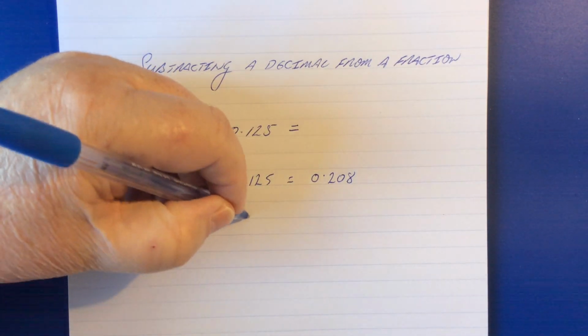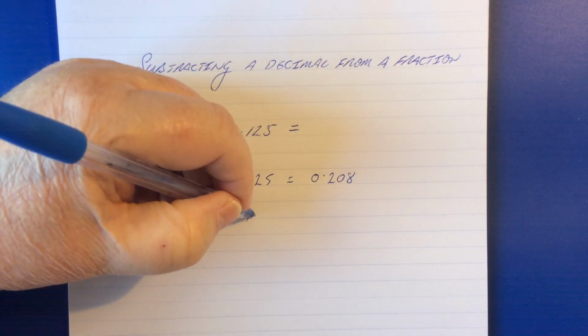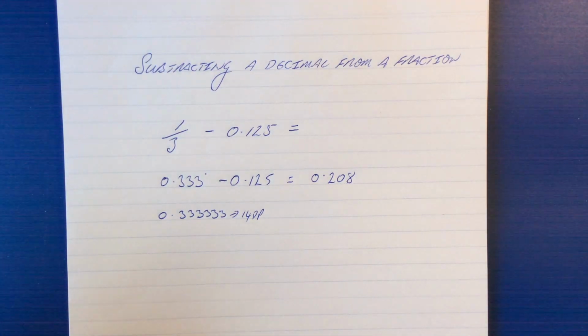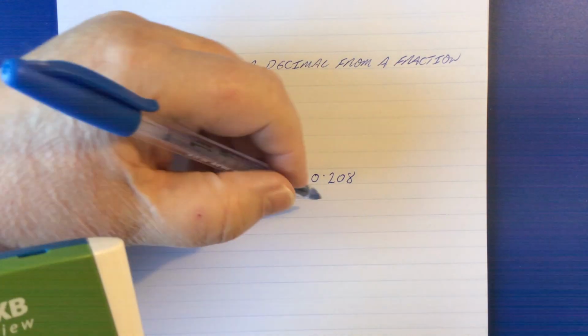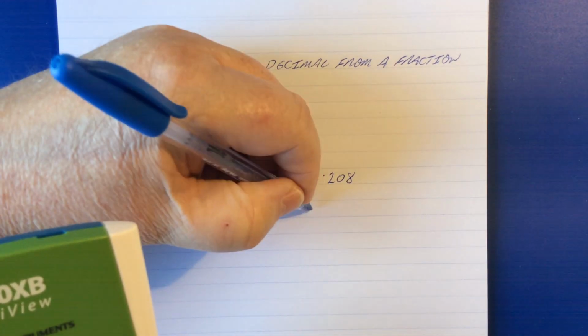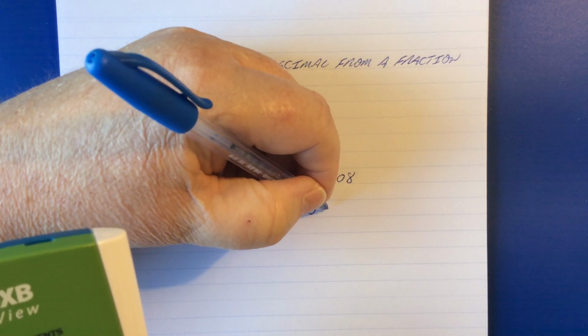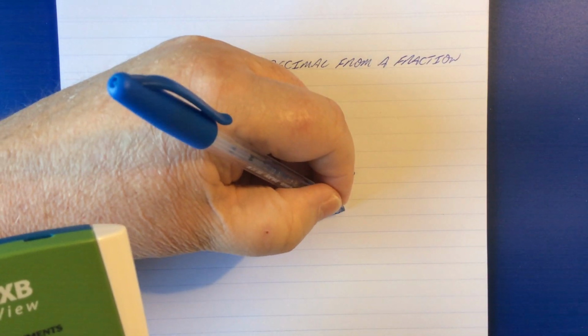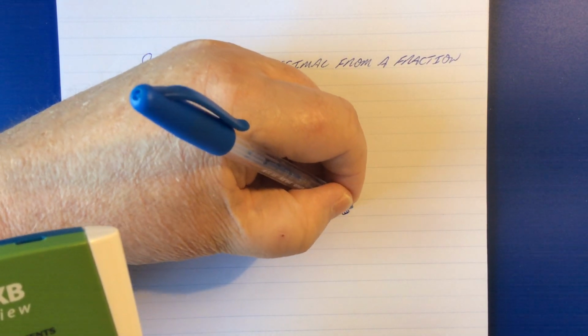So we'll just say to 14 places. And I'm going to subtract 0.125 from that. And what I get is evidence that I'm dealing with an endless non-recurring decimal.